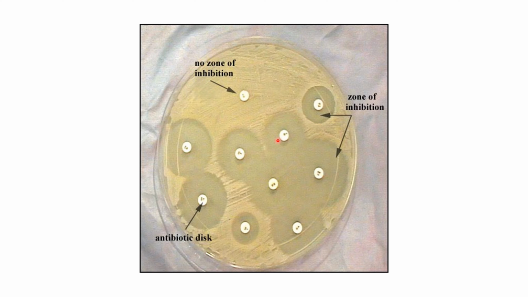Due to the diffusion of these antibiotics around the antibiotic disc, the bacterium will not grow. So here you can see this is the bigger zone of inhibition. That means the diffusion is more here, and this bacteria is susceptible to this antibiotic disc.